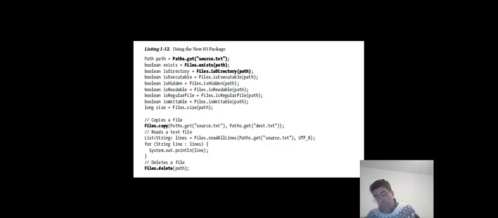The code in lesson 1.12 gets some information about the source text file, copies it to the destination test.txt file, displays its content and deletes it. Lesson 1.12, using the new I/O packages.